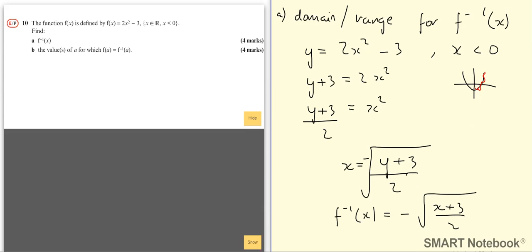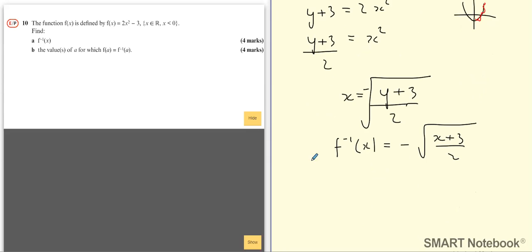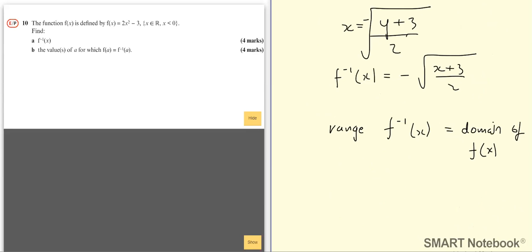Now, domain and range. Well, the easiest thing to do is work out the range. What is the range of f minus 1 of x? That equals the domain of the original function, and we've got the domain of the original function.